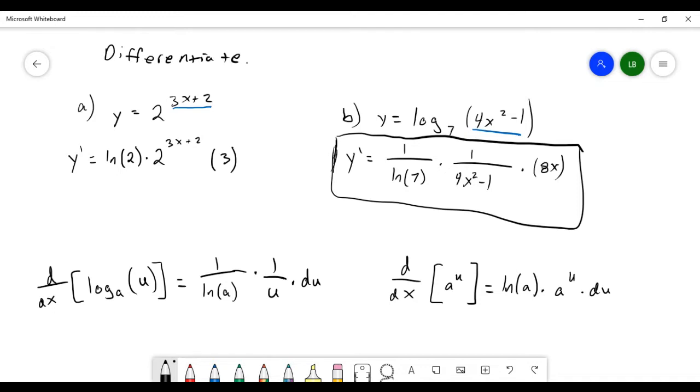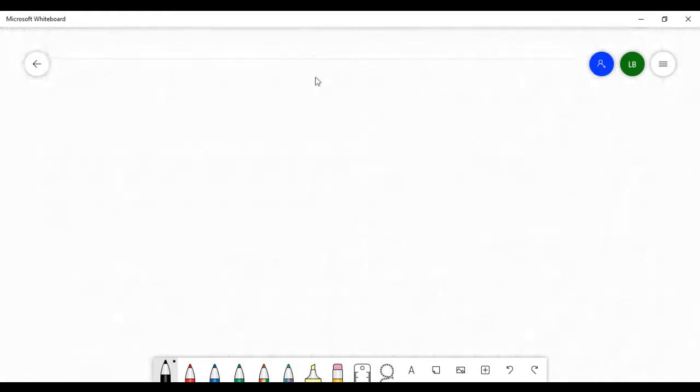And next I think we'll talk briefly about integrals of exponentials. So let's say you wanted to integrate a to the x dx.